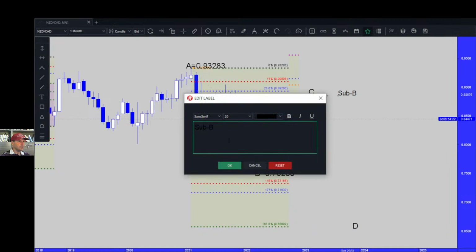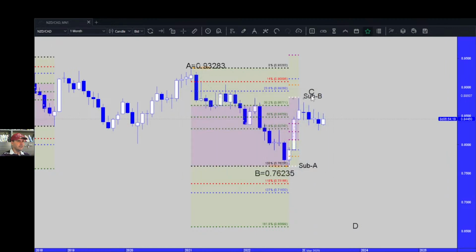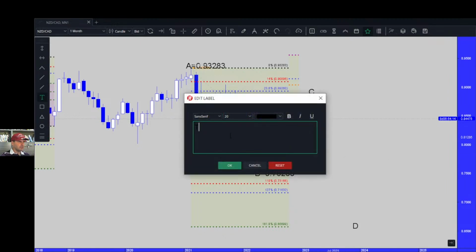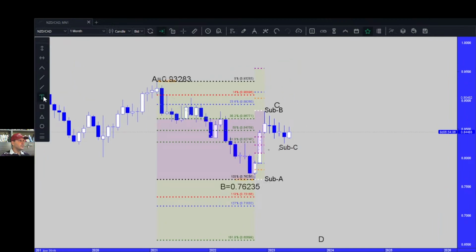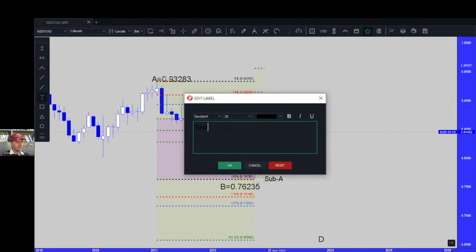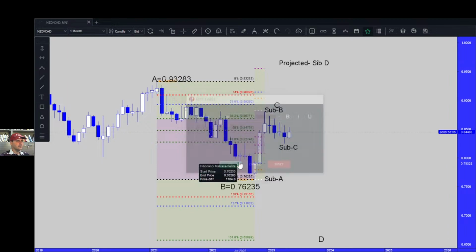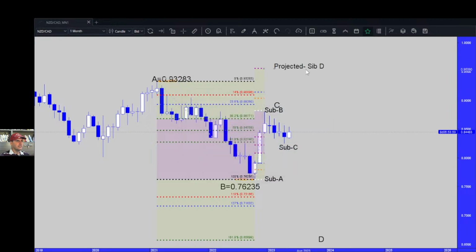Our C equals sub B, and then we're going to have the sub C so far down here, and then we're going to have the projected sub D, projected sub D extension.